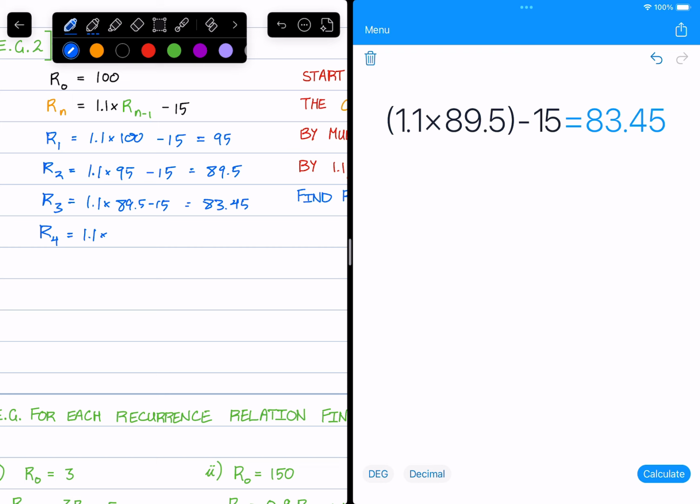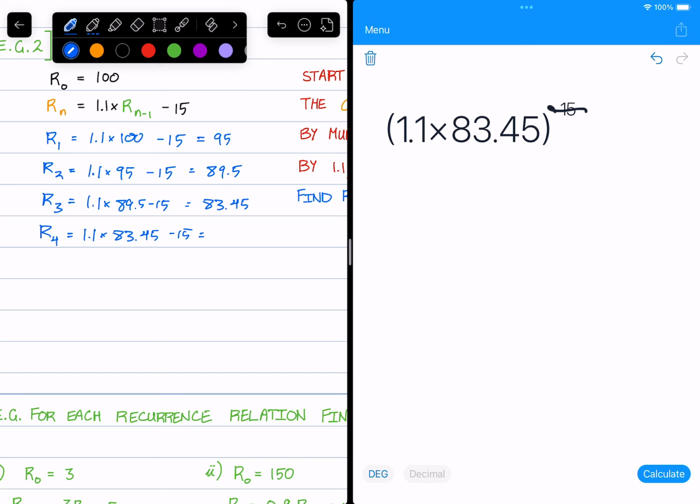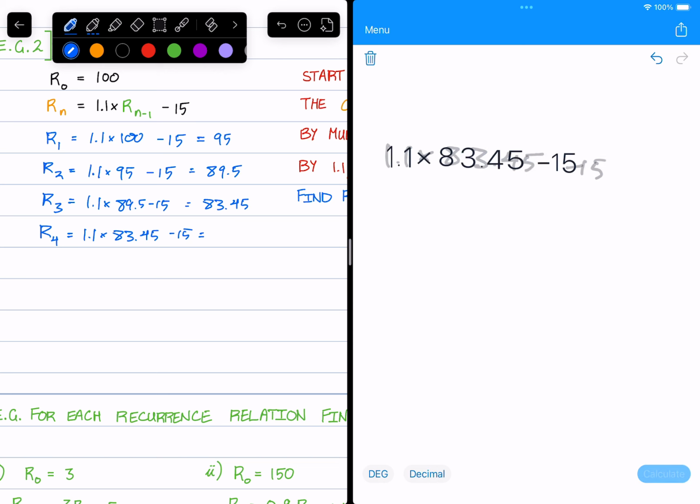To stop at this demonstration, R4. 1.1 times the result of the previous. I'm just going to copy paste that. And then we minus 15. I'll just write that again. 1.1 times 83.45 minus 15.